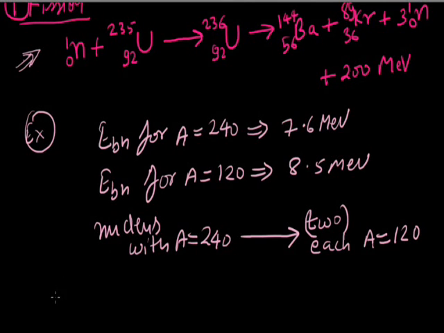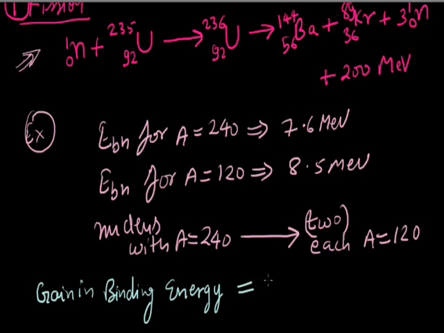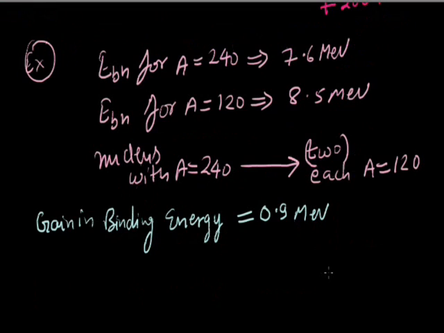in this process, the gain in binding energy will be 0.9 mega electron volts per nucleon.